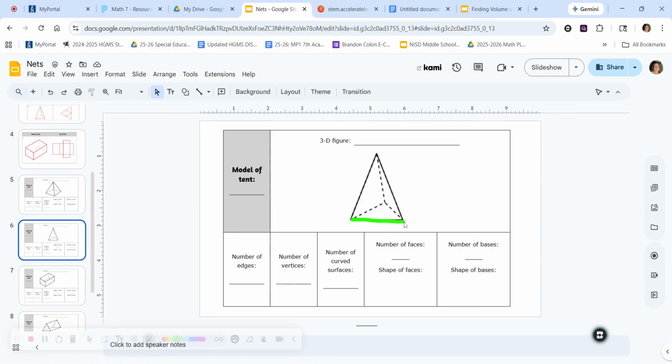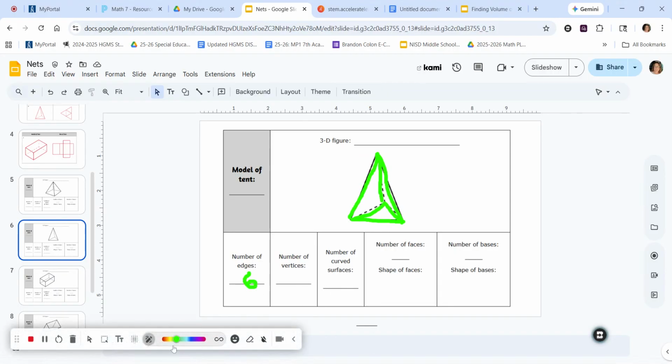We have 1, 2, 3, 4, 5, and 6. So the shape has 6 edges. The number of vertices. 1, 2, 3, 4. 4 vertices. And of course there's no curved surfaces, so that's 0.